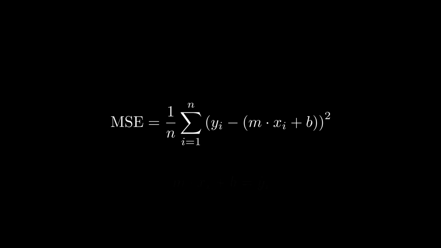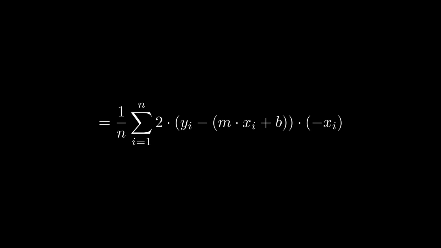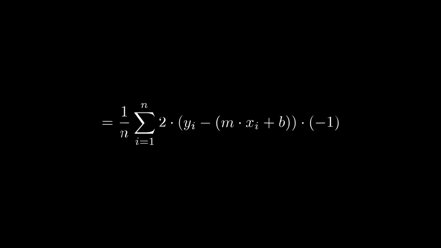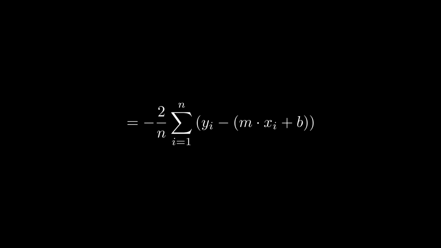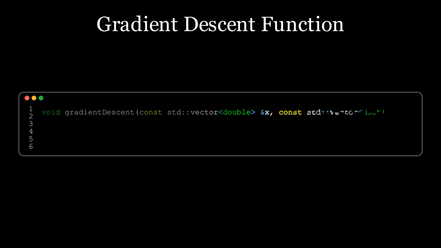It's also important to know how we got the gradient itself. For that, it's necessary to take the derivative of our loss function. In our case, that's the mean squared error. Let's see how the code looks. We make a void function since we won't be returning anything. We take in the m and b values, the learning rate, and x and y values.